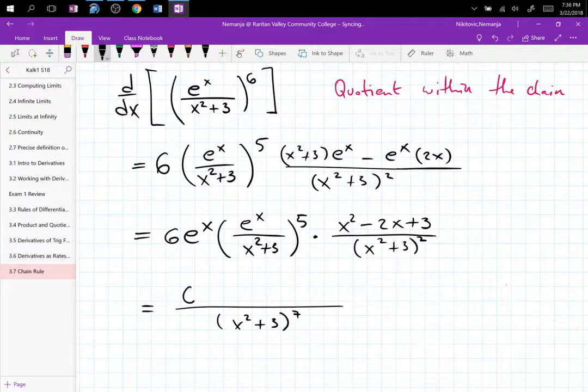On the top you have 6 e to the 6x, because over here you have 5 e to the x's, since it's raised to the 5th power, and over here you have 1. So that's 5 and 1 is 6. And that's times x squared minus 2x plus 3.